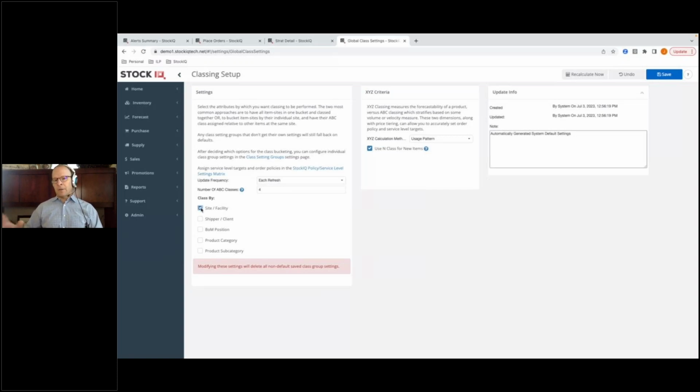Maybe the products that we're building or selling in one location are very different than another. So maybe it's important for us to evaluate each of those in each respective site. Maybe it's a bill of material position inside of there as well. I need to class my finished goods, the second level, third level, very, very differently. Or maybe it's getting into how I organize my products within my organization.